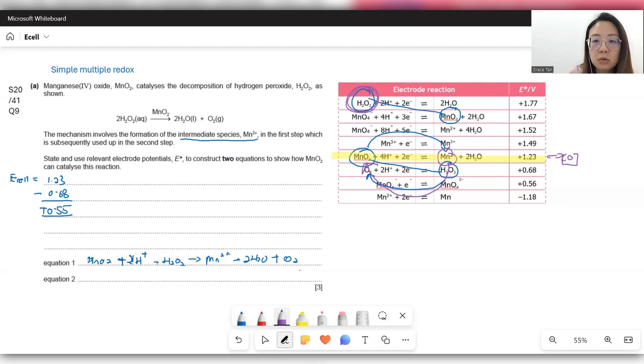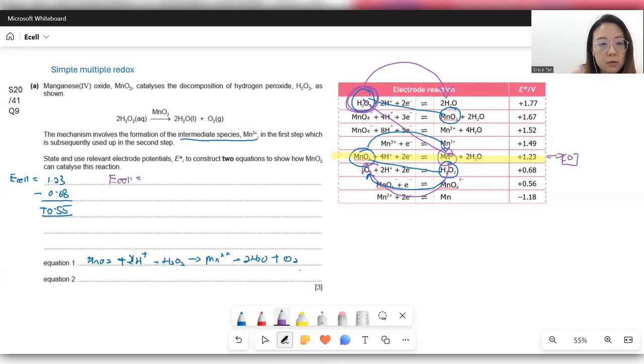So the H2O2 will undergo a redox with the intermediate Mn2 plus here, because 1.77 is more positive. H2O2 will undergo reduction, whereas 1.23 will undergo oxidation. We can see that there are 2 electrons involved in 1.77 and 2 electrons involved in 1.23, so you can just cut the 2 electrons out in the balanced equation. For the second equation, let's calculate the Ecell.